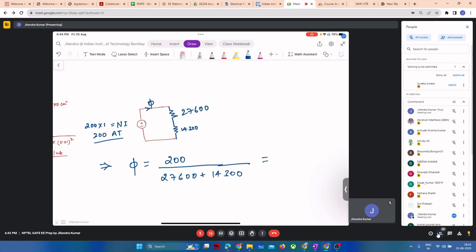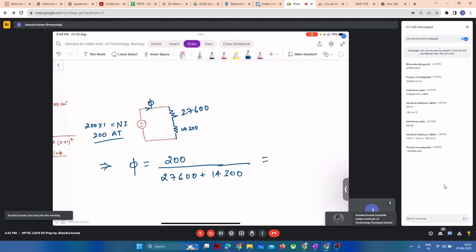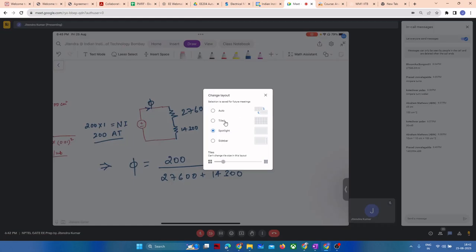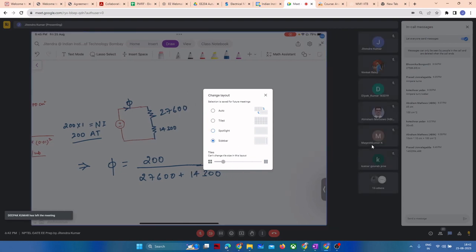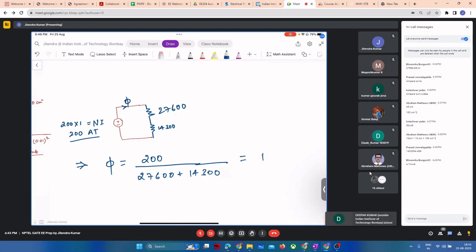How much will it come to? From my calculation, it comes out to be 4.8 milliweber. I hope it is correct.